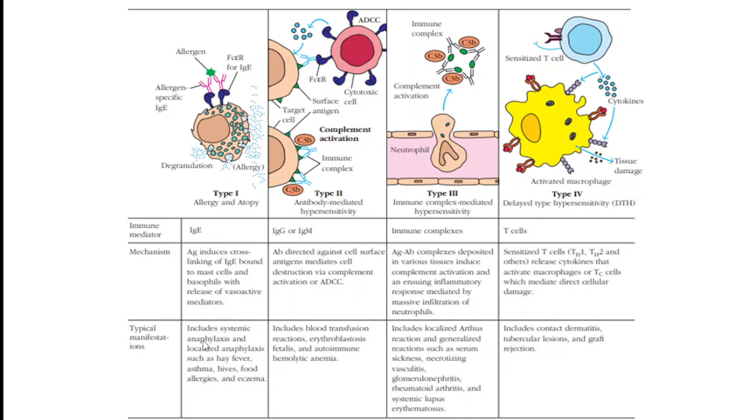Type 3 reaction examples include Arthus reaction, serum sickness, glomerulonephritis, rheumatoid arthritis. This question will definitely be asked, so please pay enough attention. Systemic lupus erythematosus will also come under type 3. Type 4 examples include graft rejection, tubercular lesions, and contact dermatitis.